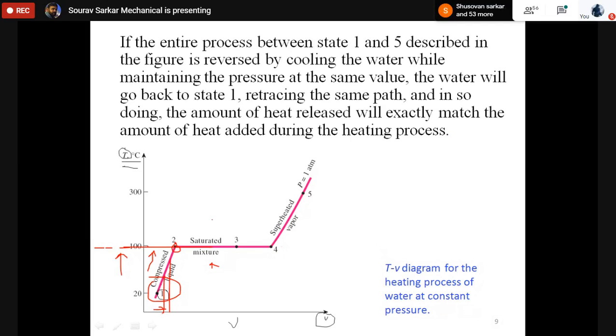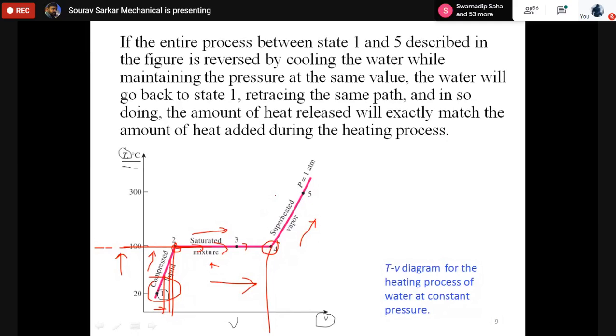After some time, the temperature remains constant, but as the percentage of vapor increases, my volume also increases rapidly. After that, it is completely converted into vapor, called the saturated vapor. If we heat it further, the volume will increase along with the temperature.